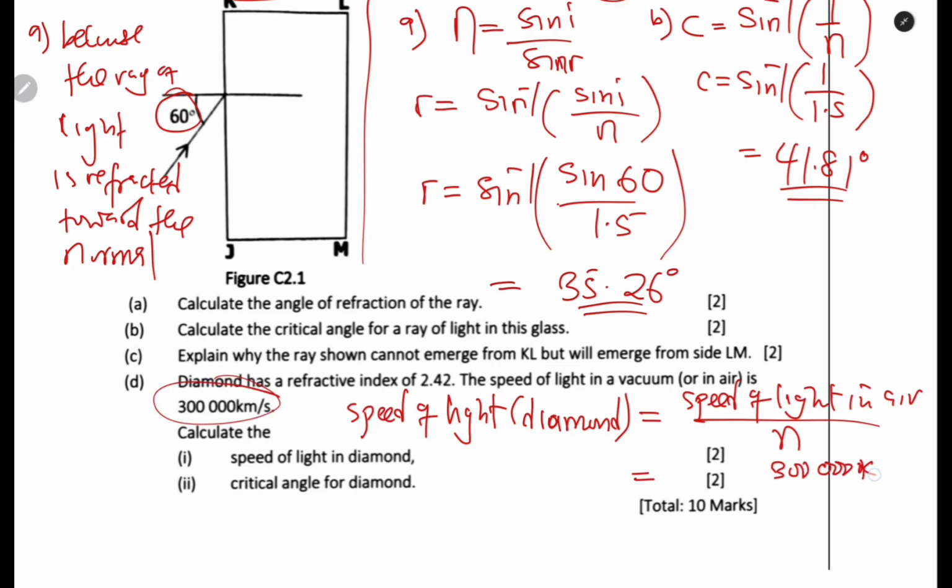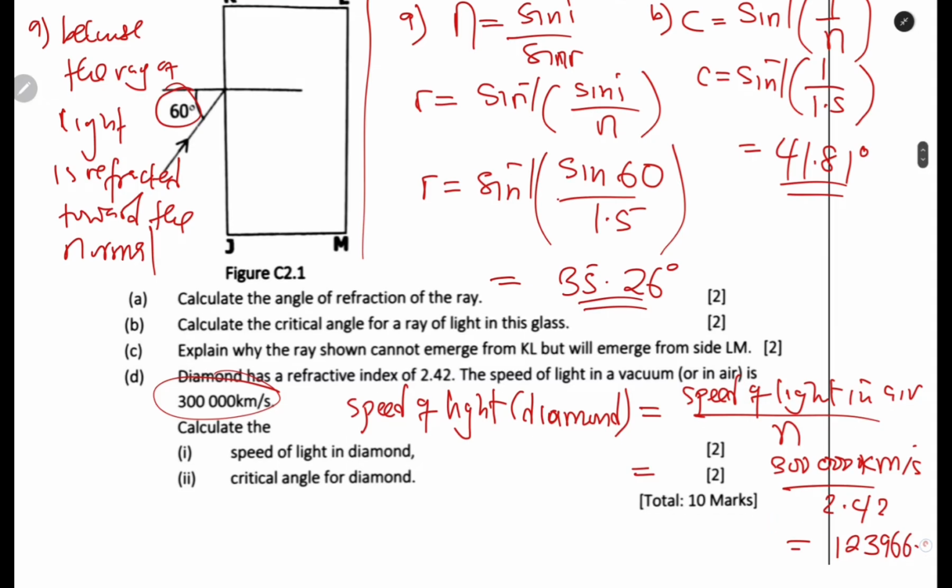300,000 kilometer per second. Then divide by the refractive index of diamond, which is 2.42. And if you divide this, it should give you 123,966.94 or 9. So units kilometer per second.